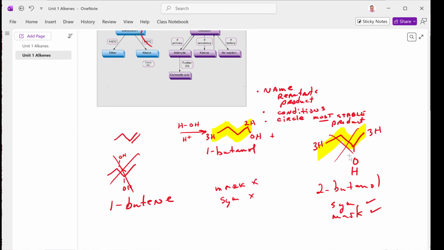I was just wondering, there's both different answers to different questions. You're circling the most stable product within the 2-butanol, and then you think we're 1-butanol. First of all, part of it's the first question: how do you make it?